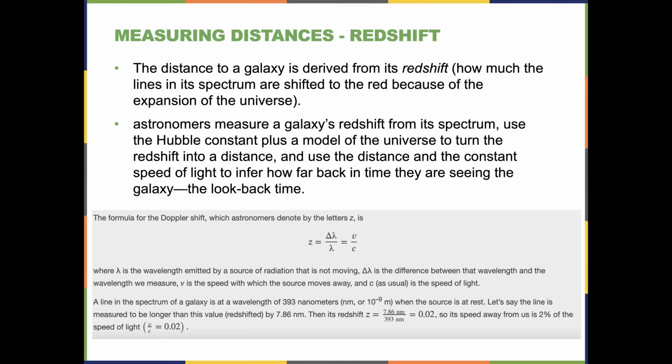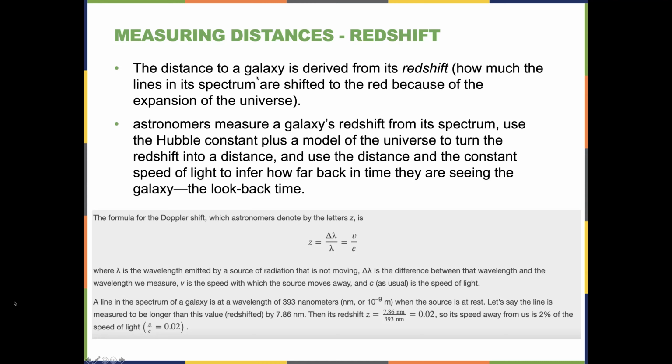So the formula for the Doppler shift redshift is normally given as z, the redshift, which is equal to delta lambda over lambda, and that is equal to v over c. Right. Maybe you have talked about this equation from general relativity, or special relativity as well.